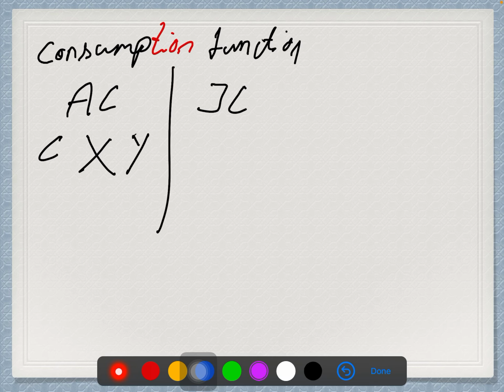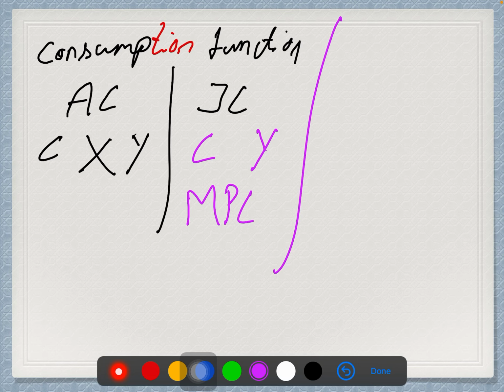On the other side, you have induced consumption, the consumption which is completely dependent on income. When income increases, consumption increases. When income decreases, consumption also decreases. This kind of relationship is called induced consumption, and with the help of MPC, we try to find that. On the other side, we have investment function.